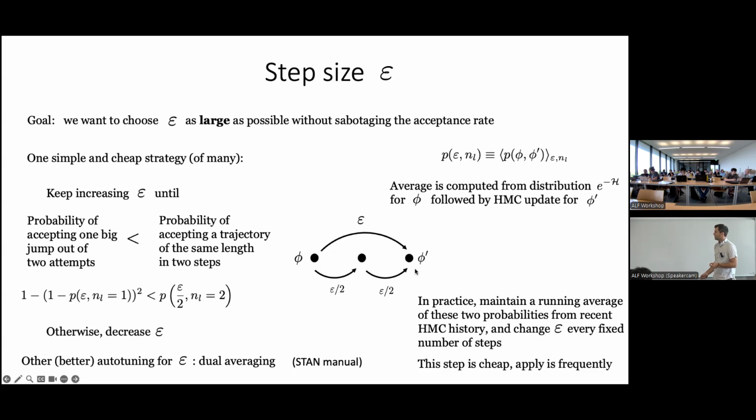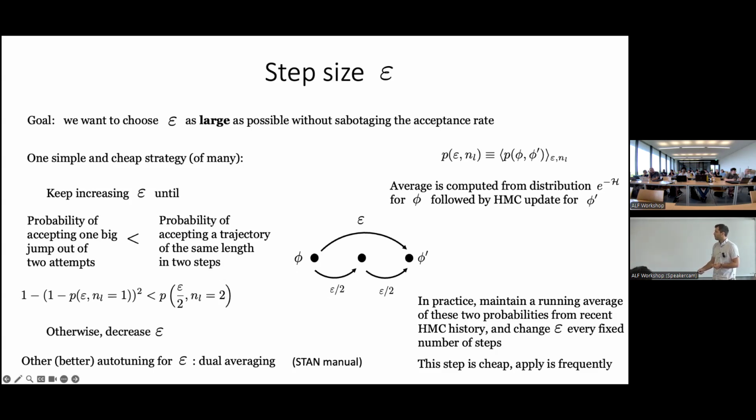You always want to do this because this is twice as much work. As long as the probability of accepting it is larger, you want to keep epsilon the same. But if the probability of accepting it is smaller, then you're better off doing the 2 steps. And so that's our criteria.